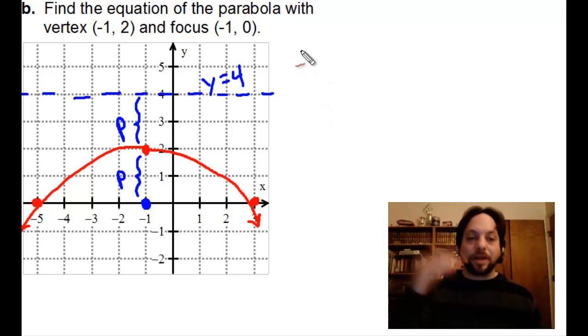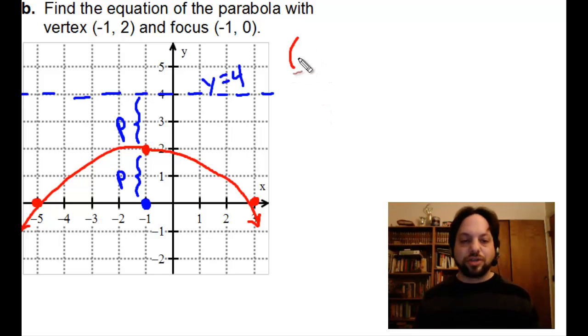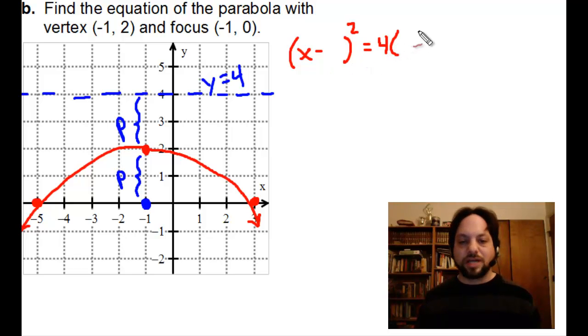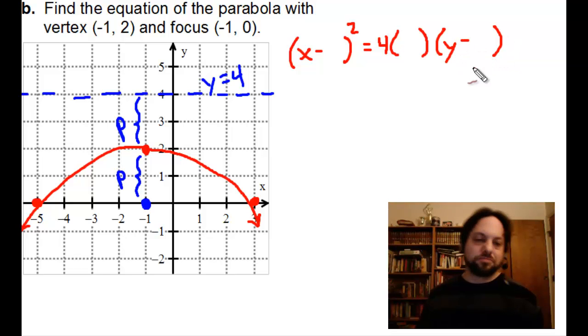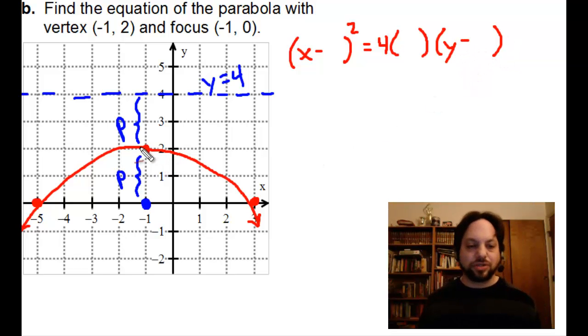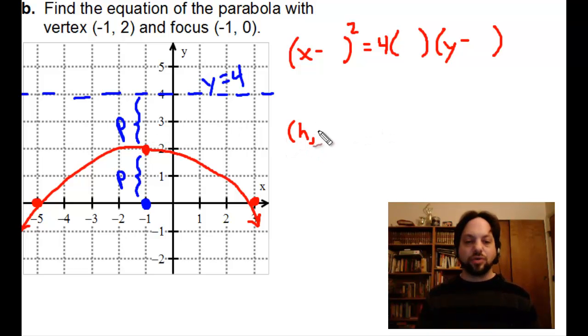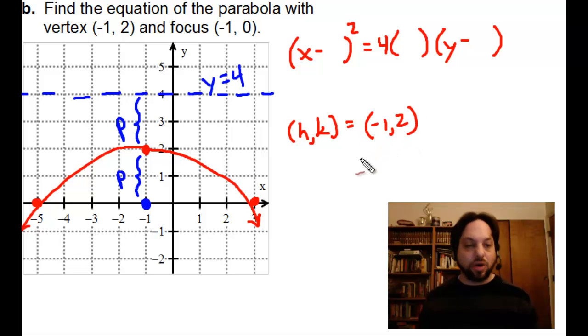Because this is opening up or down, you should be okay with the fact that this is going to be an x minus some quantity squared type problem. That will equal 4 times our value of p, and then we'll have y minus whatever that center comes to. So we were told that our vertex was negative 1, 2. Remember, that's h comma k. h comma k is our vertex. So there is going to be our h.